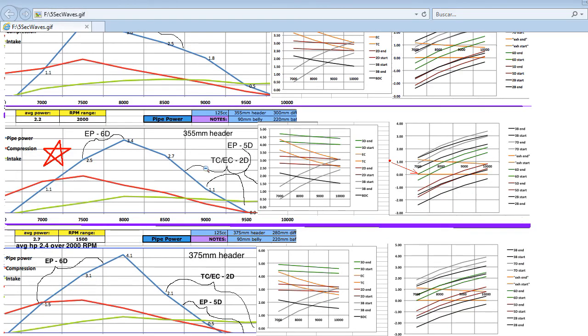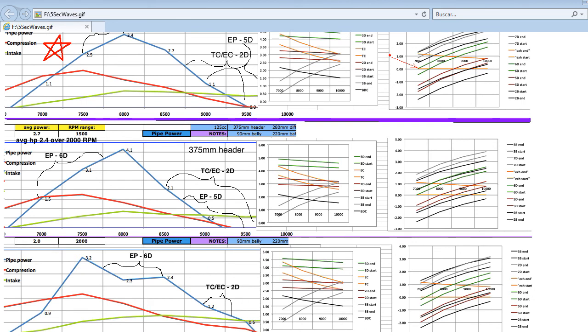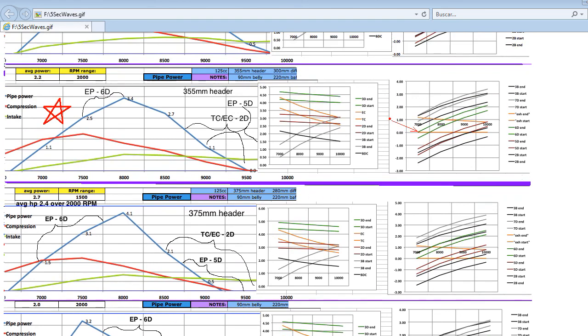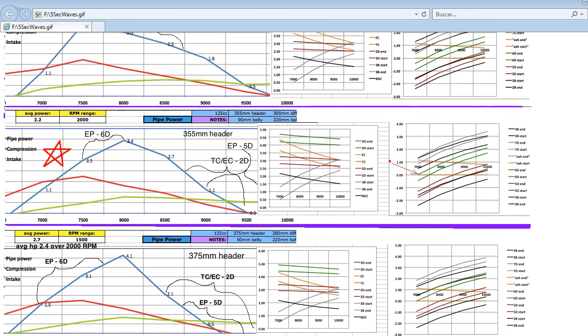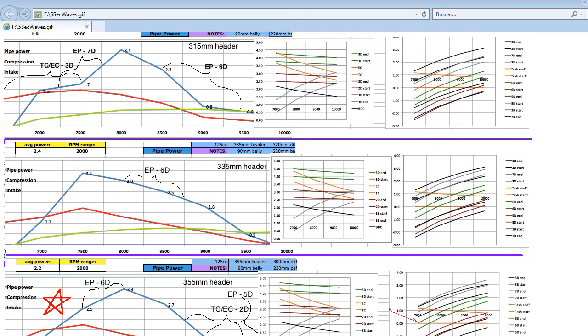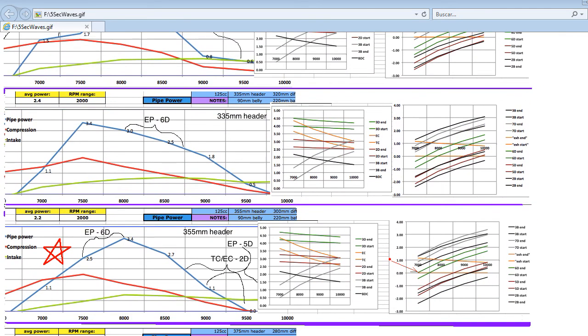So you can see on my notes here, this is saying the TC-EC zone has been reduced by 2D. So that's really all you need to know, is that this will be your guidance.